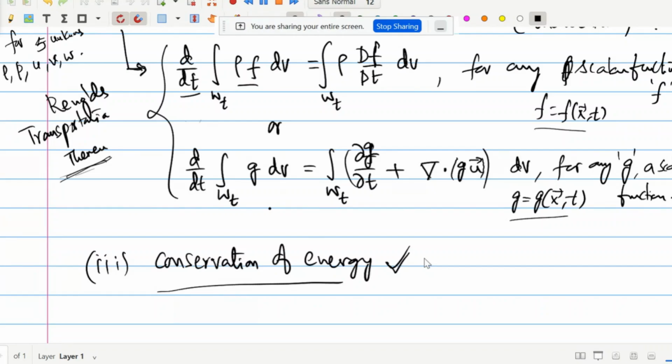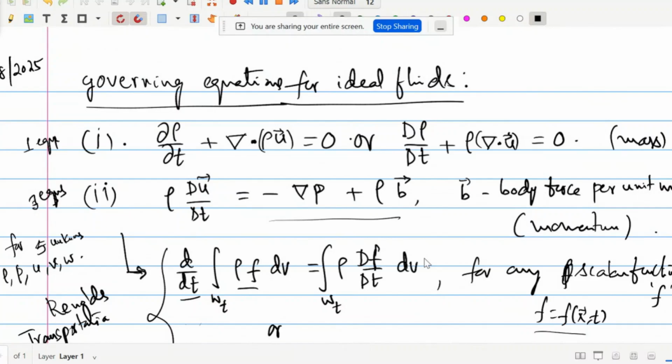The moment you say it is an incompressible fluid, the crucial first definition is that the volume is not changing with time. That means your density is not changing with time. That means capital D rho by Dt equals 0.